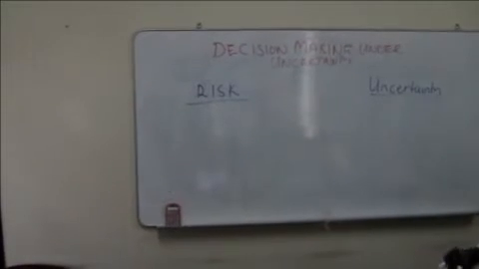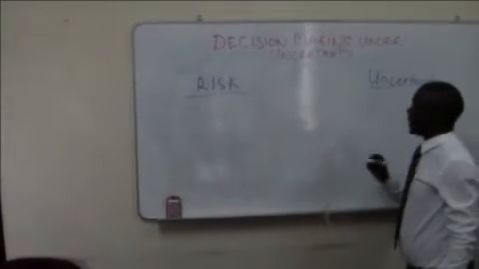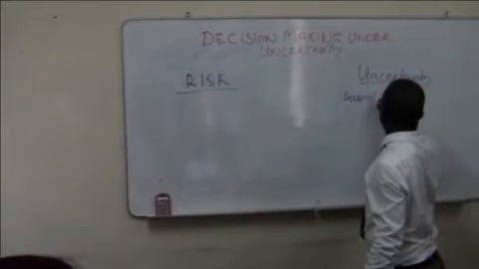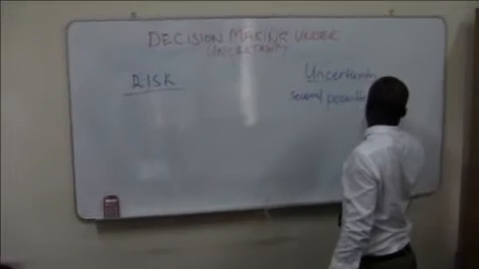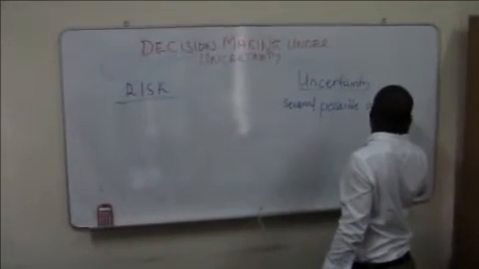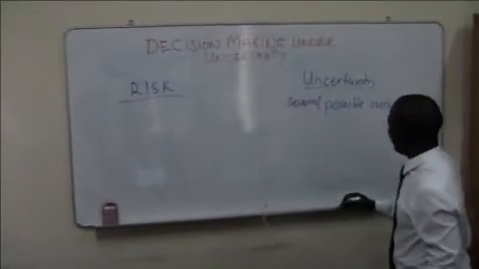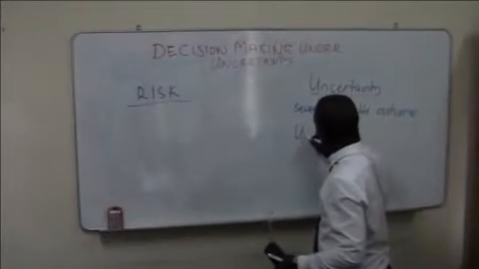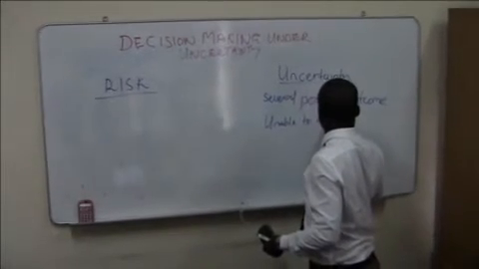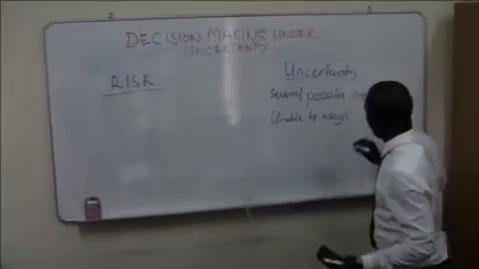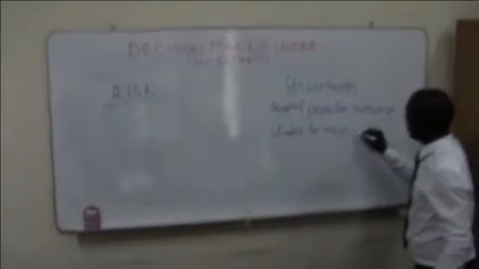What is uncertainty? Uncertainty occurs in a situation where there are several possible outcomes, however, you are unable to assign probabilities to these outcomes.